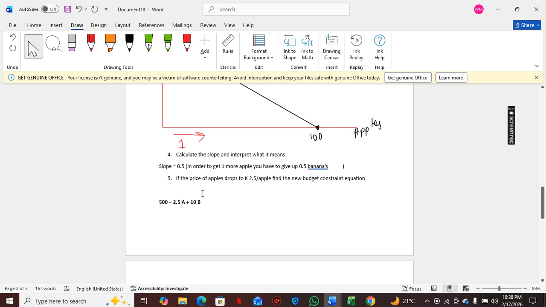If we spend all our money on the apples, income over price of apples, let's say 500 divided by 2.5, that is 200.